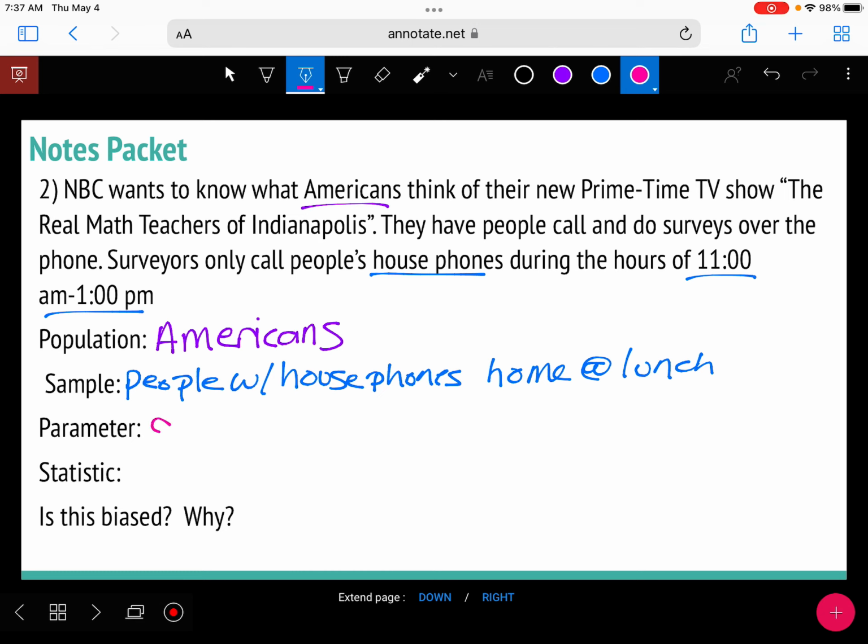Yeah, their opinions on the TV show. What do we actually get? What's the actual data we get? What these guys think about the show?